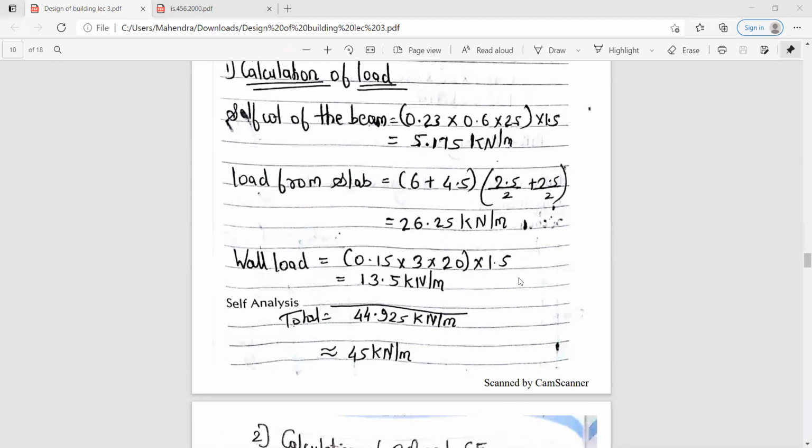I will check once again and I will let you know by tomorrow in tomorrow's lecture. In some books it is given LE by 15 and in some books it is given span by 10.